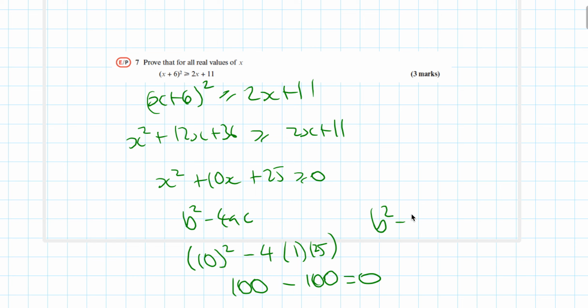So therefore, b squared minus 4ac is equal to 0, so there is one real root. So that's how I can prove that the equal sign of this is true.